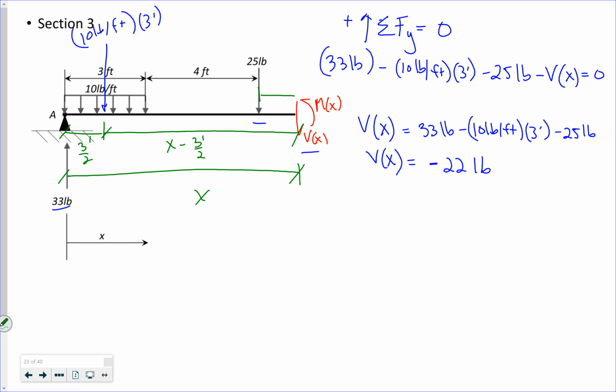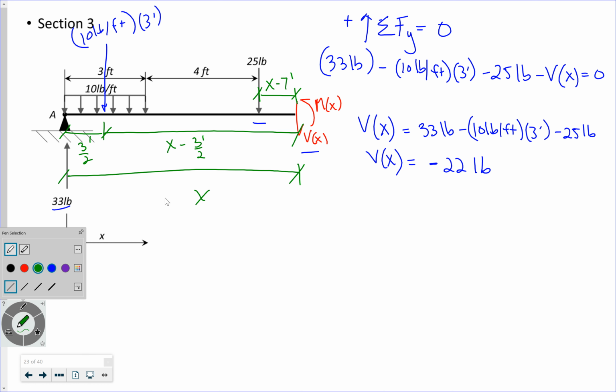And this is acting at a distance x minus 3 feet plus 4 feet, which is 7 feet. So I do the sum of my moments.